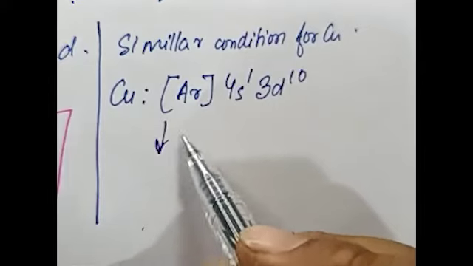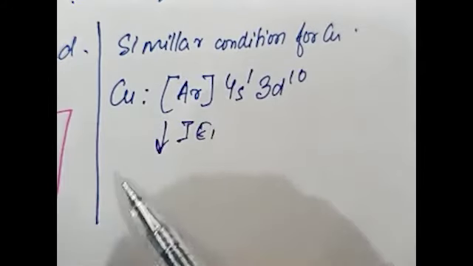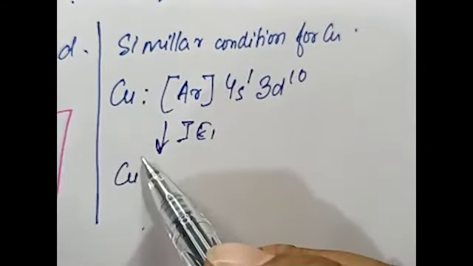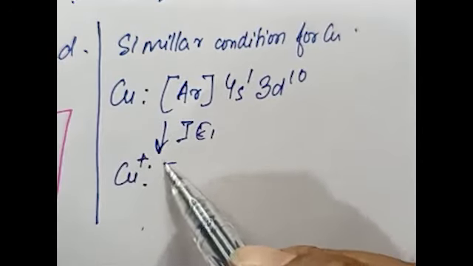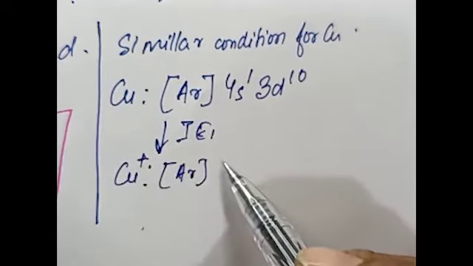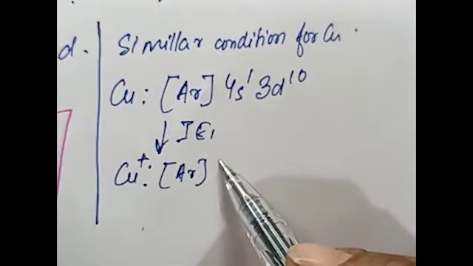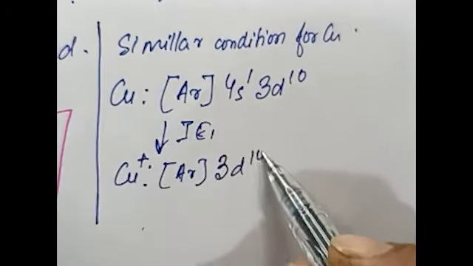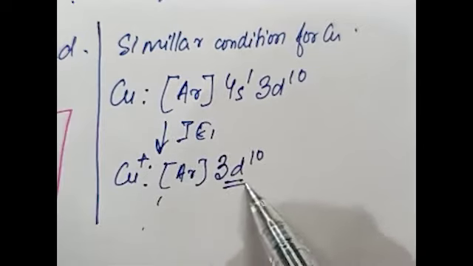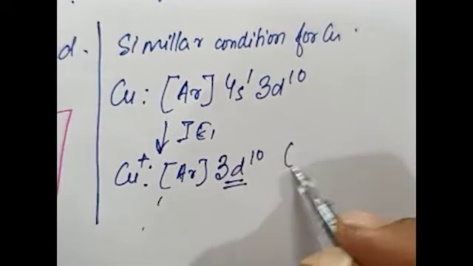So if you want to lose one electron, you must give IE1. It will become Cu plus. It becomes argon 3d10. So 3d10 is a very fine configuration. It's very happy right now.